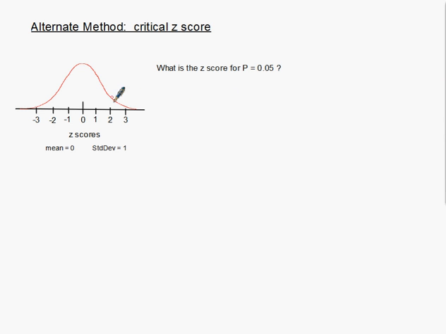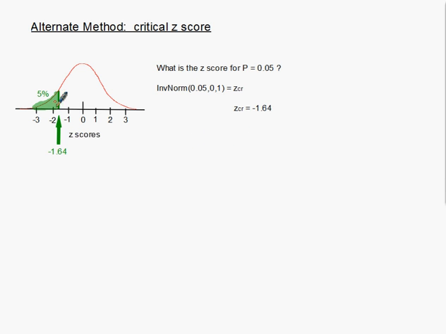Now, to do this, what we're going to use is this standardized normal curve. Standardized being a mean of 0 and a standard deviation of 1, so it makes it all very easy. Now, for that first Prevnar example, we were using a significance value of 5%, 0.05. So the question is, what's the z-score for 0.05? Well, I'm going to use my inverse norm function, and that's going to give me what's called the critical z-value.